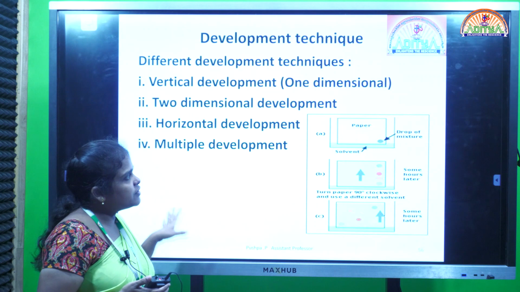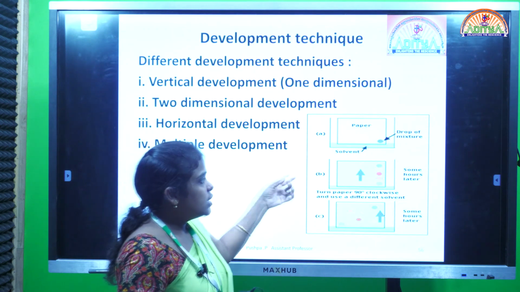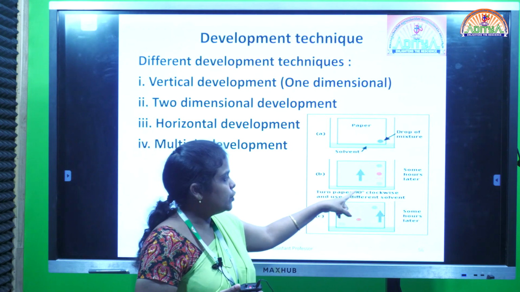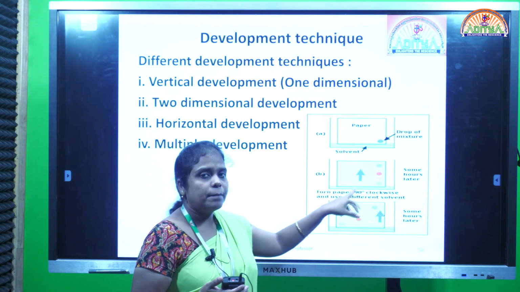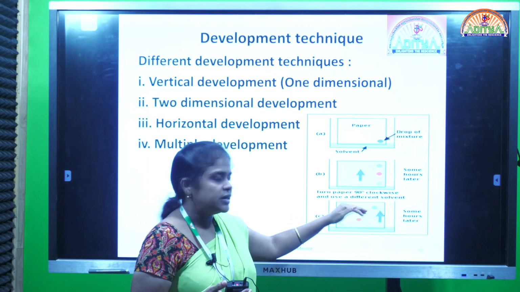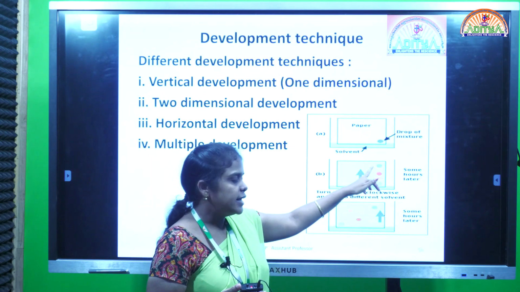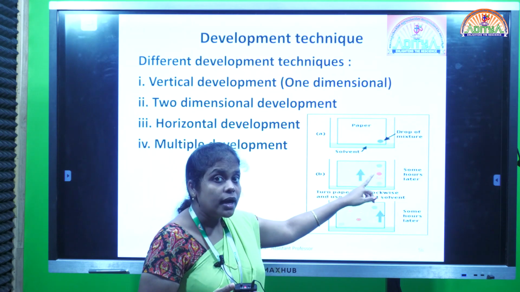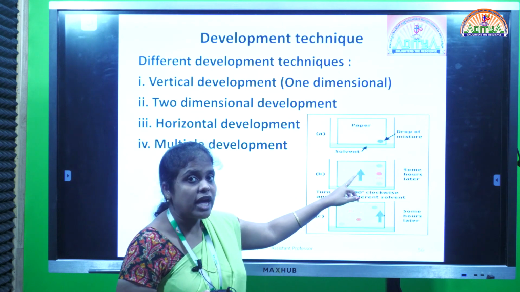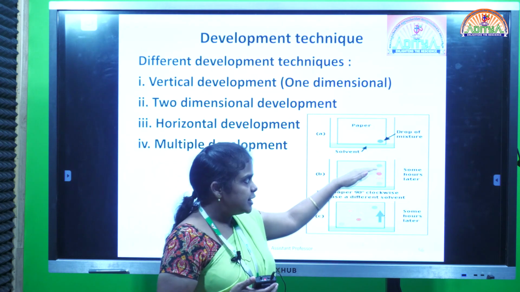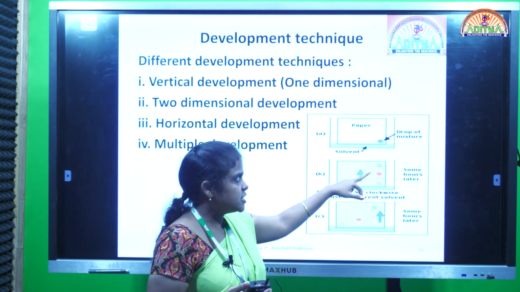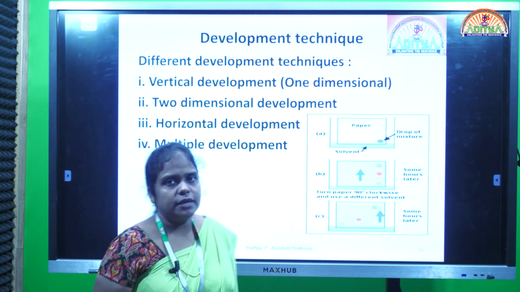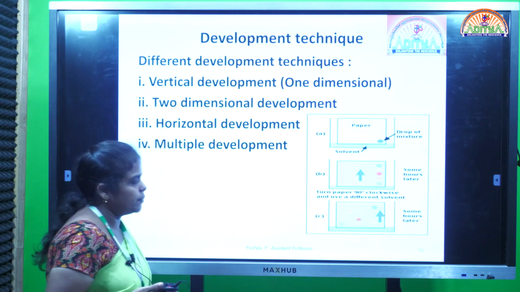Vertical development means, for example, see in this figure, the second one, how after keeping the TLC plate in the development tank, the elution takes place against gravity due to capillary action, vertically. That is one-dimensional, and because the elution takes place in the vertical direction, it is called vertical development.